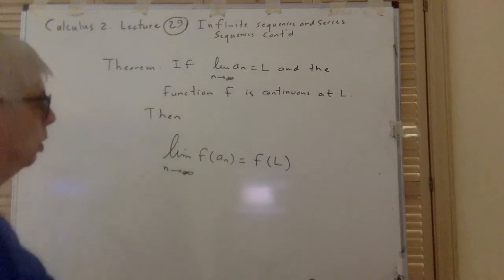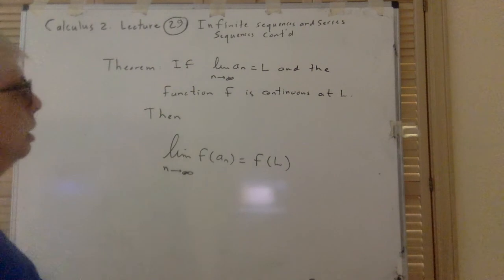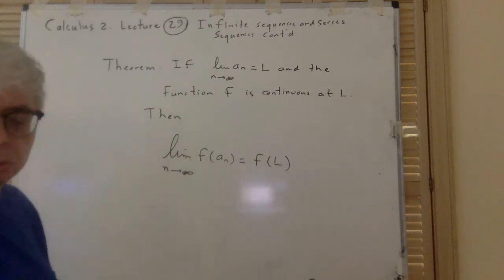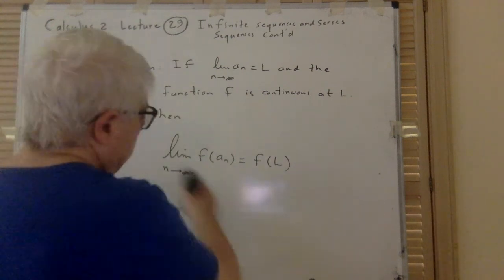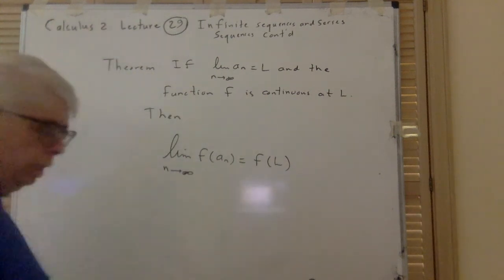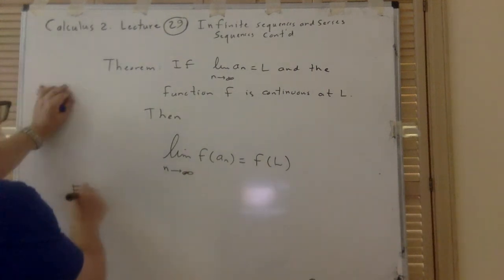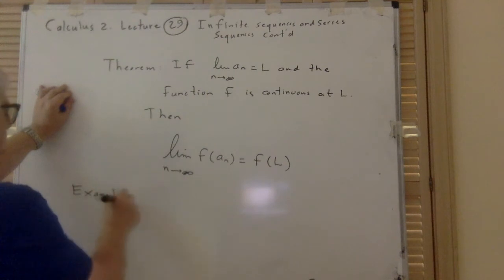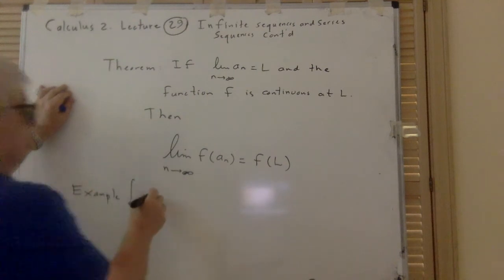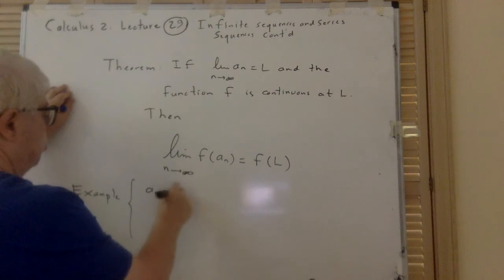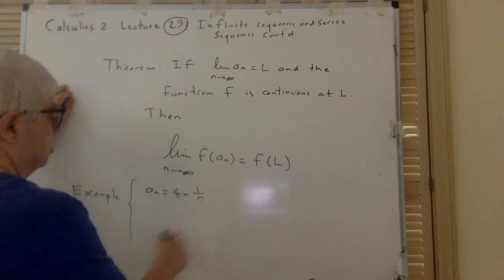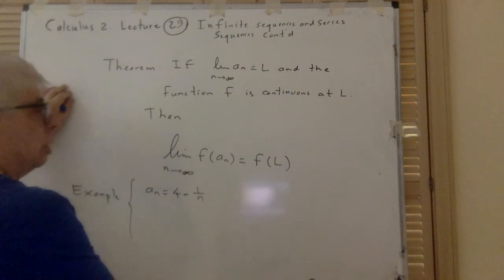So if the limit of an exists, then this also exists. Let me give you an immediate example here. Say an is 4 minus 1 over n, and let's assume that n starts at 1; it cannot start at 0.